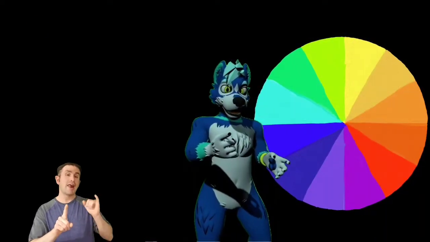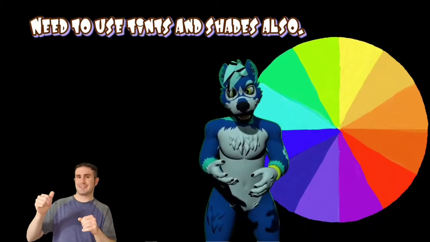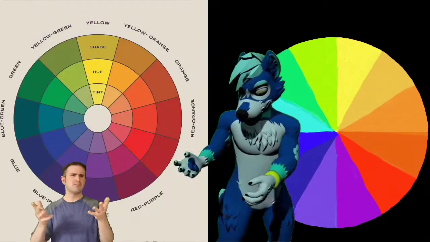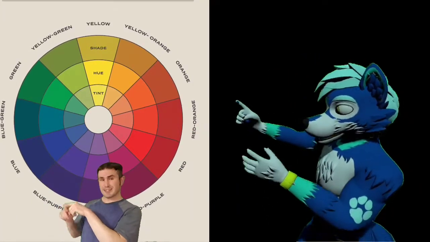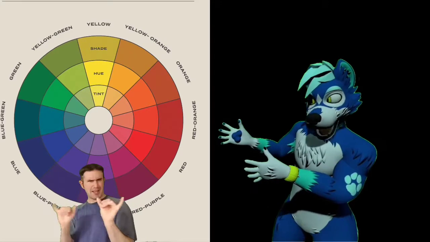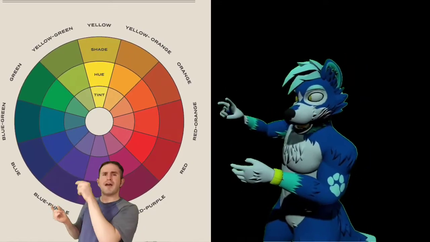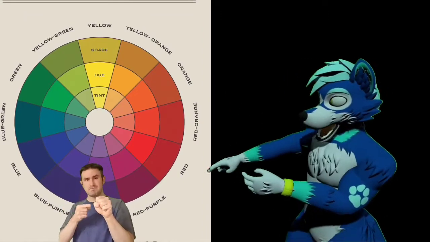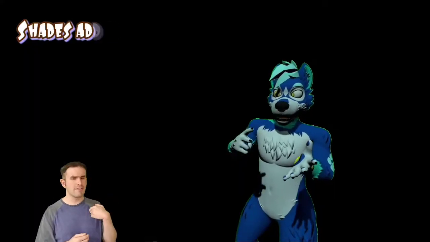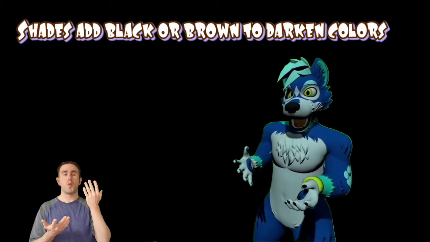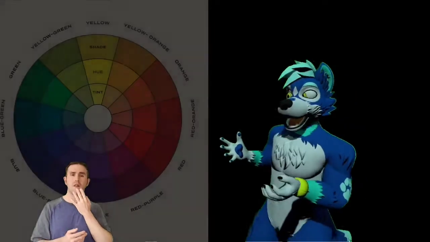But that's where what are referred to as tints and shades come in. So, over here, if you look here, this is a similar color wheel, right? But you notice here there's a difference. You have what I referred to as shades on the outside. Shade refers to when you're adding black or brown to darken a color. Usually black, though.